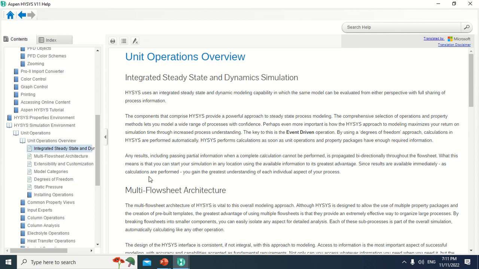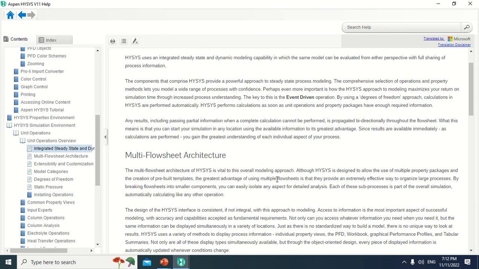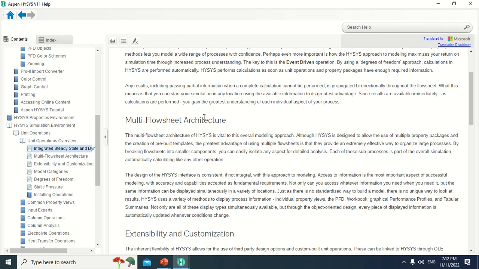In my point of view, this is really obvious. We can see useful information about multi-flowsheet architecture.